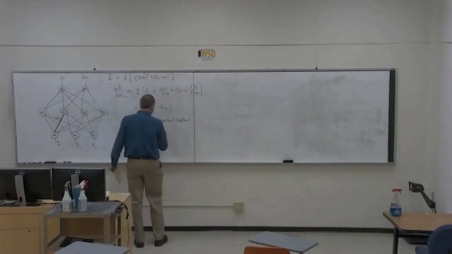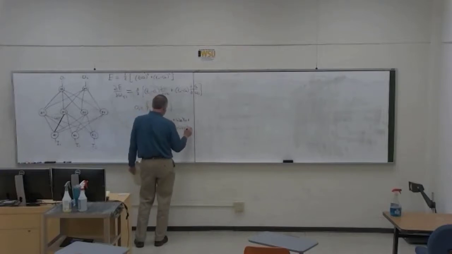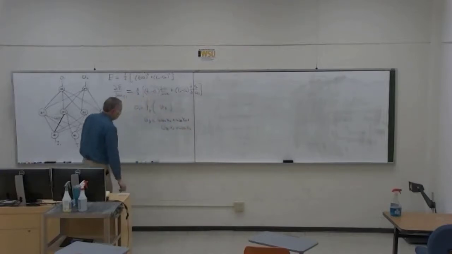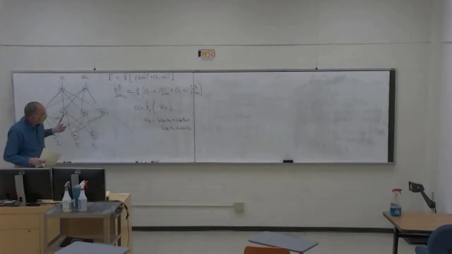plus, you go on, W86 X6 plus W87 X7. And you can see why we did this nice network that's well defined, because we could just write that out and we could look at it.